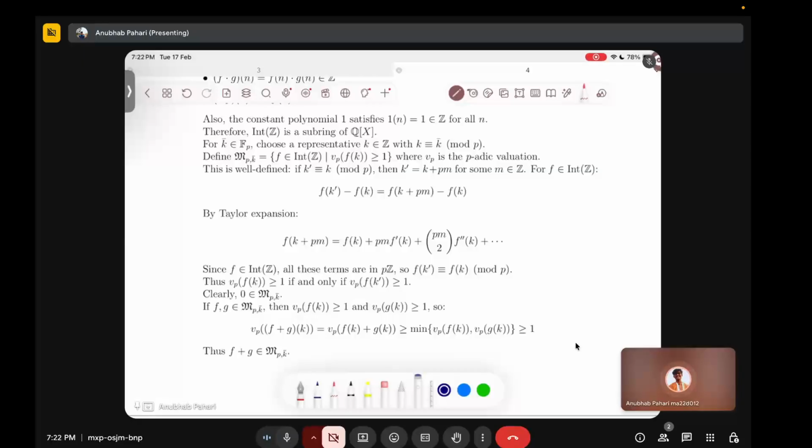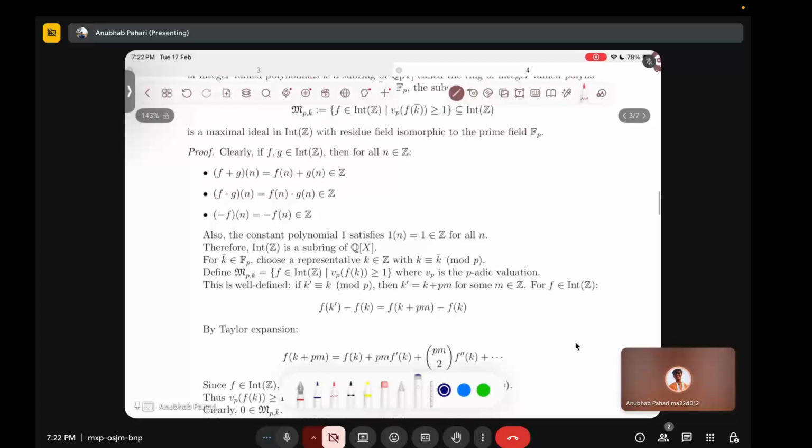So what I said earlier, that v_p is the multiplicity of the root at p, is not right. This is the p-adic valuation, and what is a p-adic valuation?